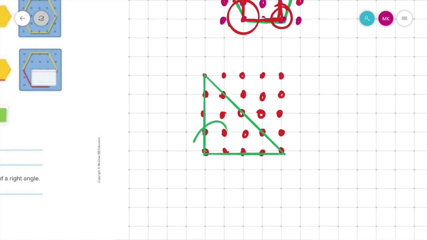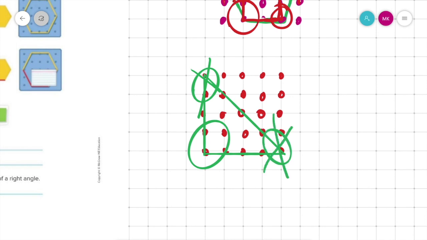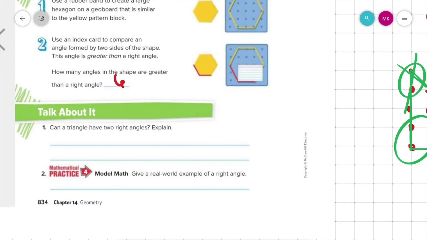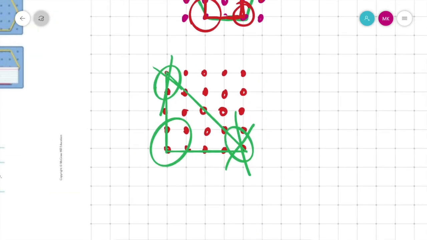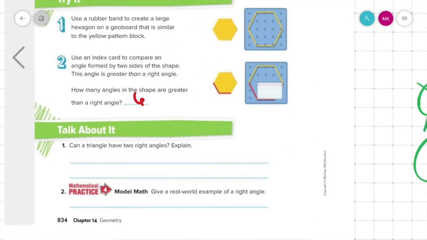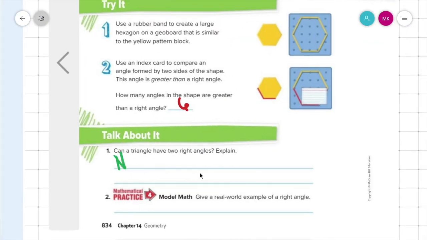So we can see that this is a right angle, but can this be a right angle? No. Can this one be a right angle? No. If we drew a triangle with 2 right angles, the sides would not connect. See, we have to have 3 sides for a triangle, and they don't connect because of the right angle. So the answer is no. The sides would not connect.